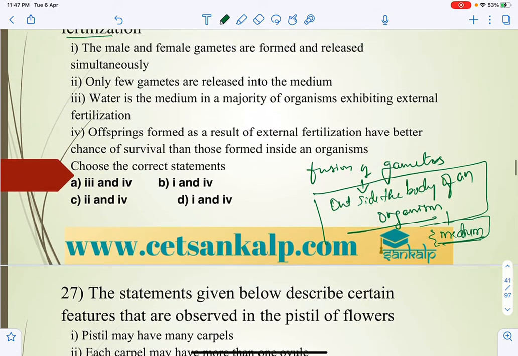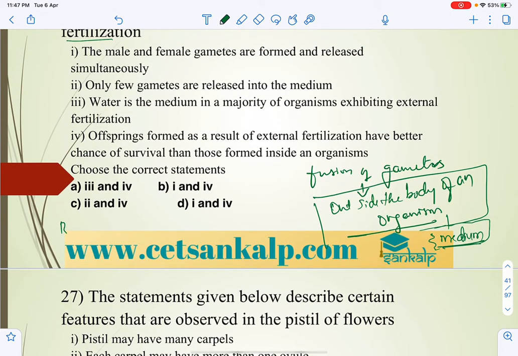In bryophytes and pteridophytes, a water medium is required to transfer their gametes, but there the fertilization is internal. Make a note of it.